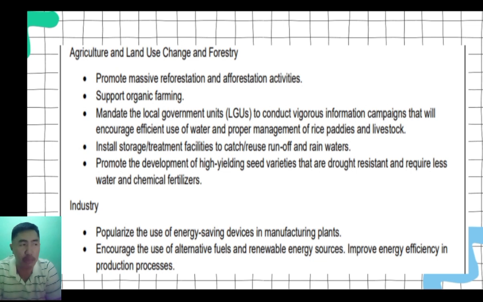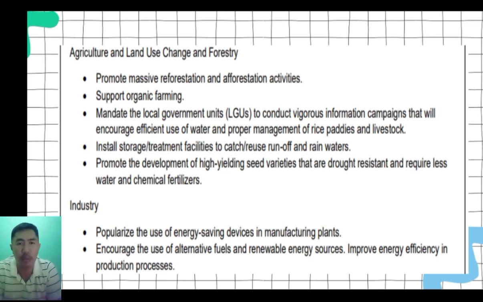And next is encourage the use of alternative fuels and renewable energy sources, and improve energy efficiency in production processes. The example of that is using solar, right? Instead of using fuels, using solar as a renewable energy is very helpful to conserve energy.